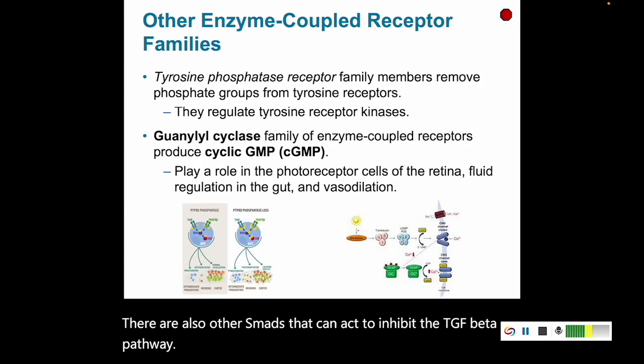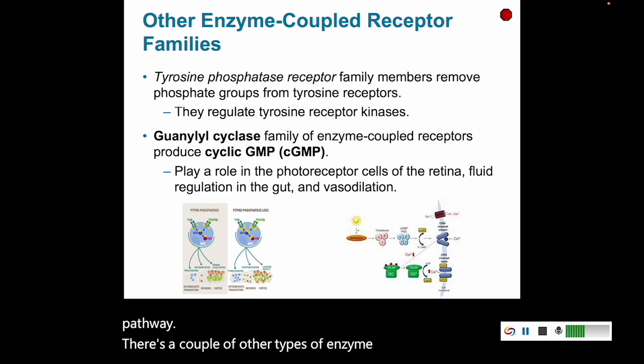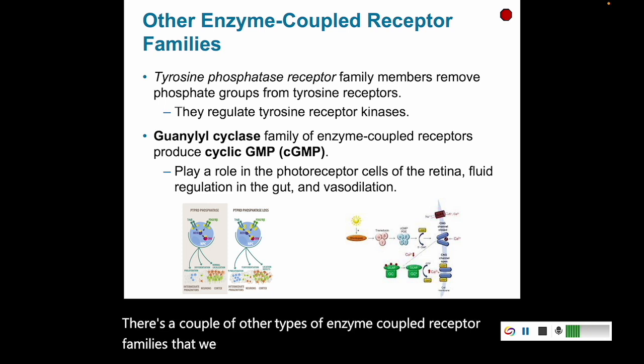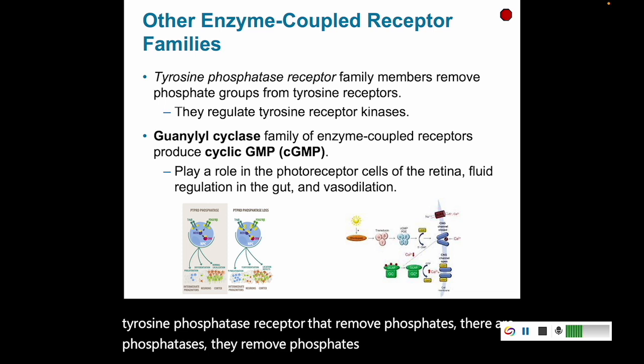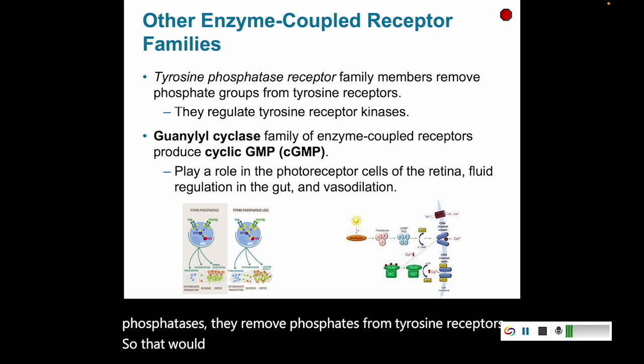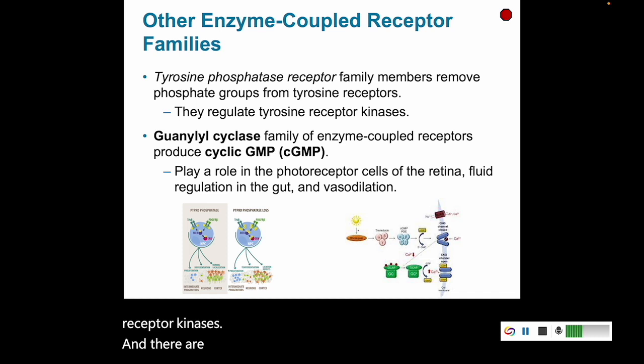There's a couple of other types of enzyme-coupled receptor families that we don't know quite so much about. There are tyrosine phosphatase receptors that remove phosphates. They're phosphatases. They remove phosphates from tyrosine receptors. So that would indicate they're able to regulate our receptor tyrosine kinases. And there are guanylyl cyclase receptors.